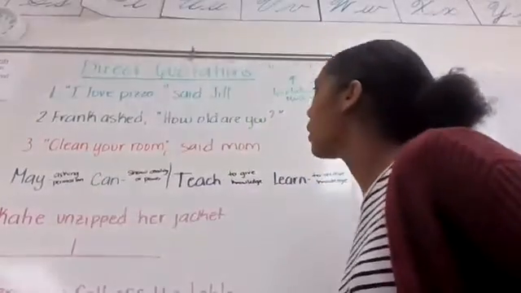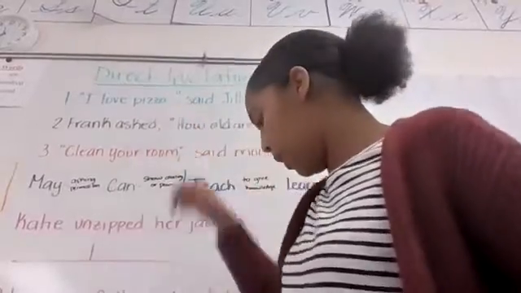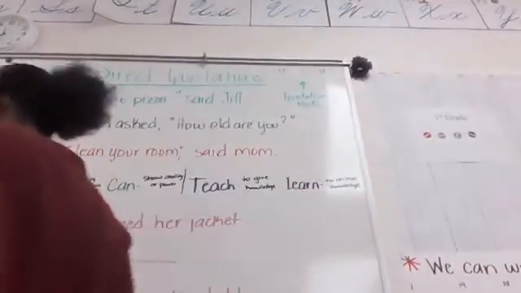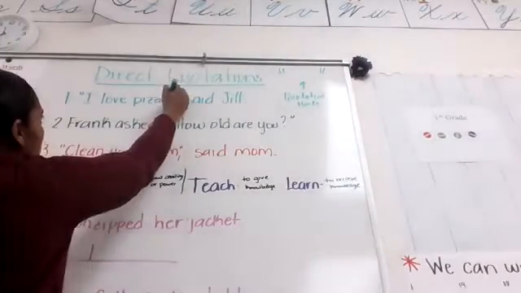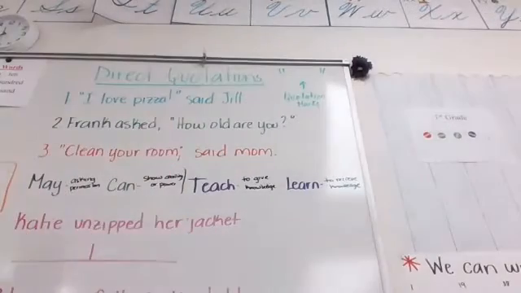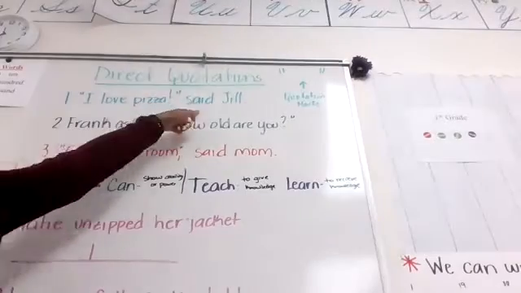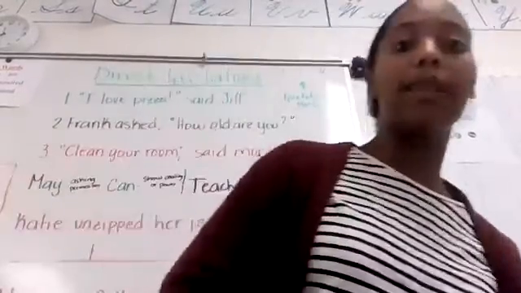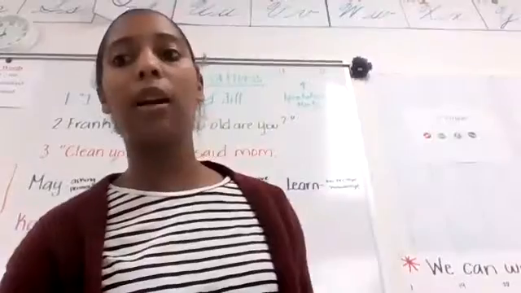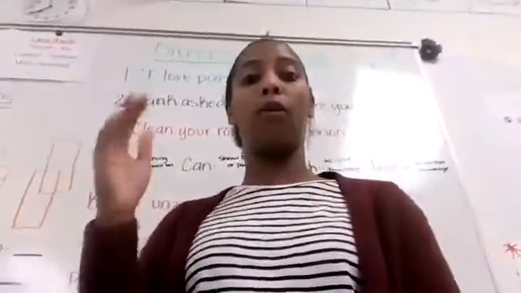All right. So let's look at the top one up here. The first one says, "I love pizza," said Jill. In this quotation, Jill is speaking. This is a direct quotation because Jill is speaking directly.